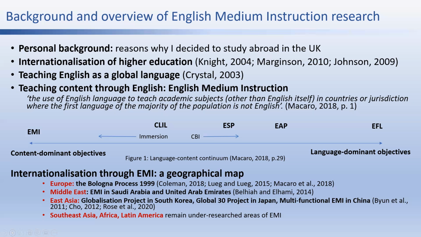They also want to attract more international staff and faculty to get on the global rankings for the financial and the reputational incentives that come with it. So in this dynamic changing context of globalization, the role of English has now evolved to include not only the elements of language learning, but also content learning as well.